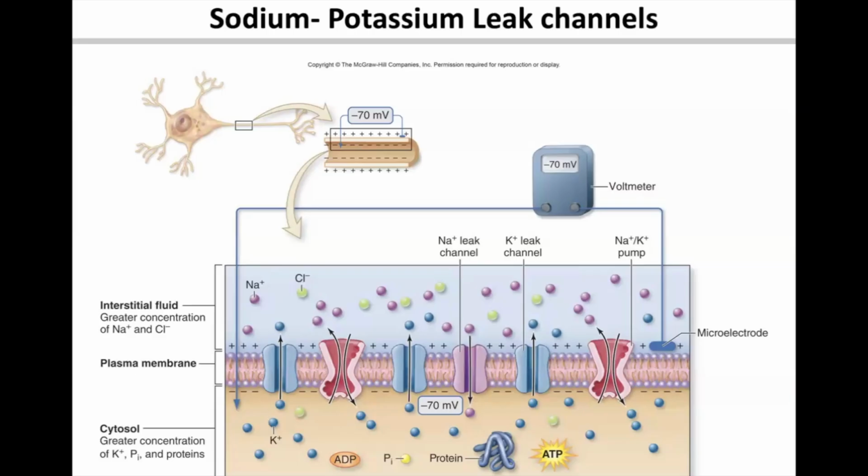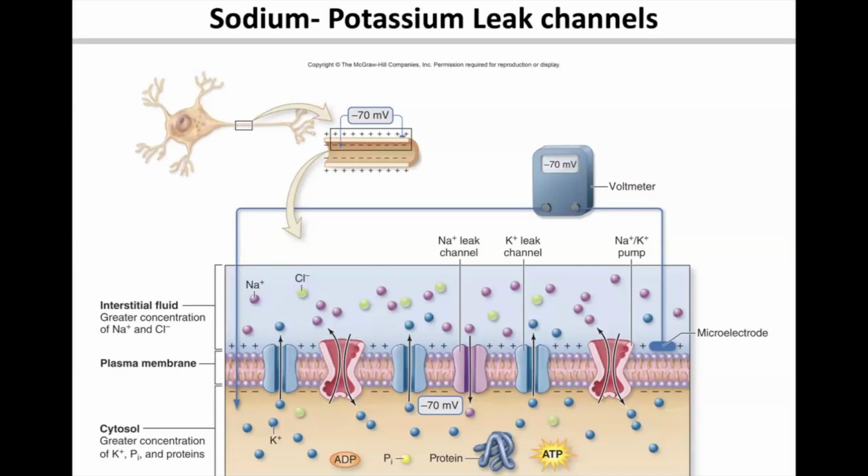As a result, they remain inside the cell and cause the negativity of the intracellular fluid. So all these three factors together contribute to the -70 millivolt, which is the resting membrane potential of the neuron.